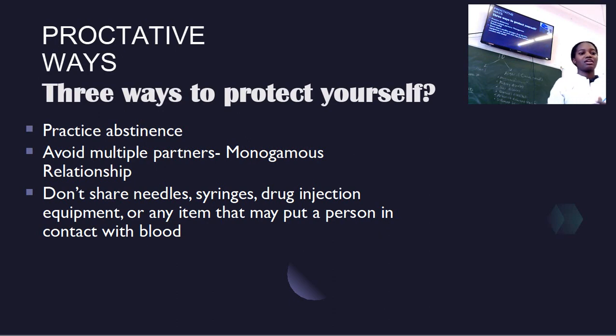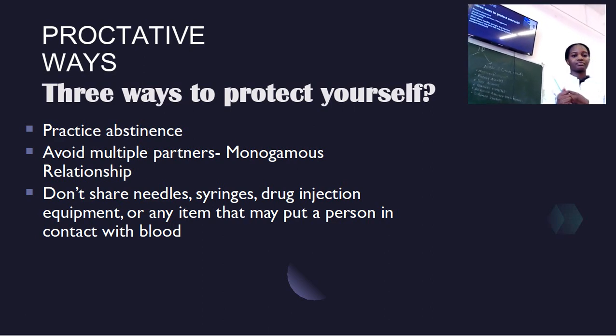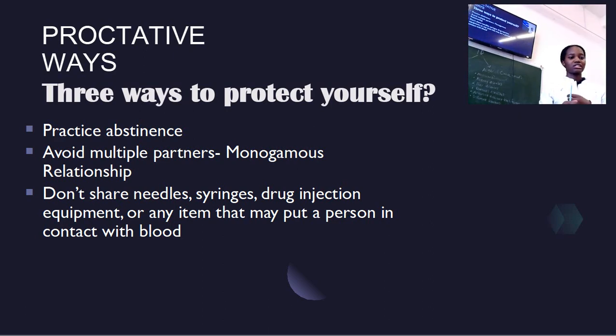Alright, so we have protective ways. I've mentioned three protective ways here. We have practice abstinence from sex, avoid multiple partners, have monogamous relationships, and don't share needles, syringes, drug injection equipment, or any item that is sharp and might cause blood transfer from one person to another.